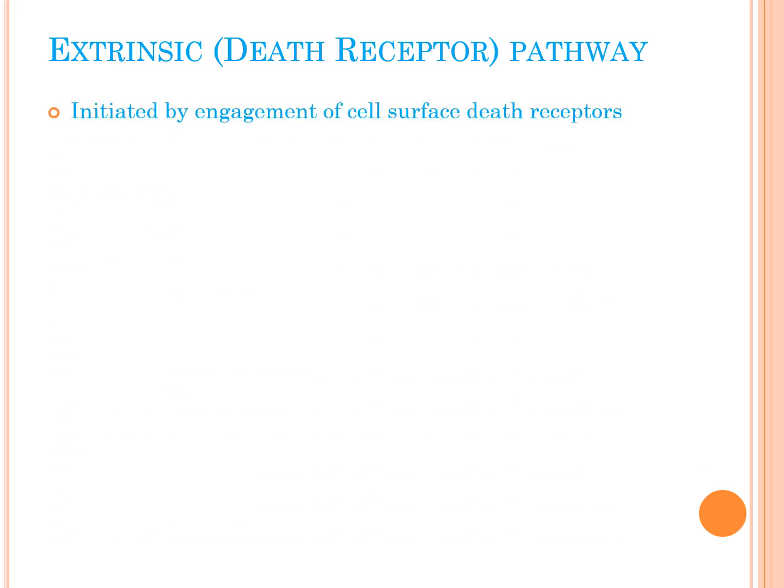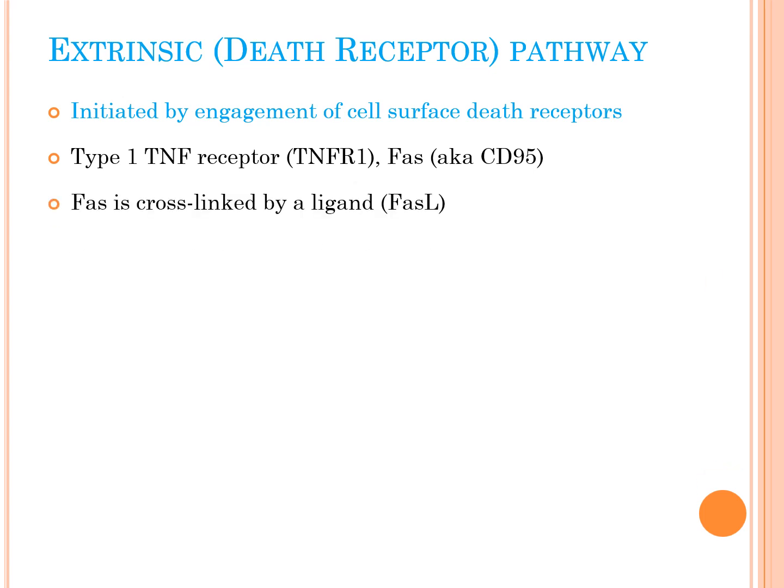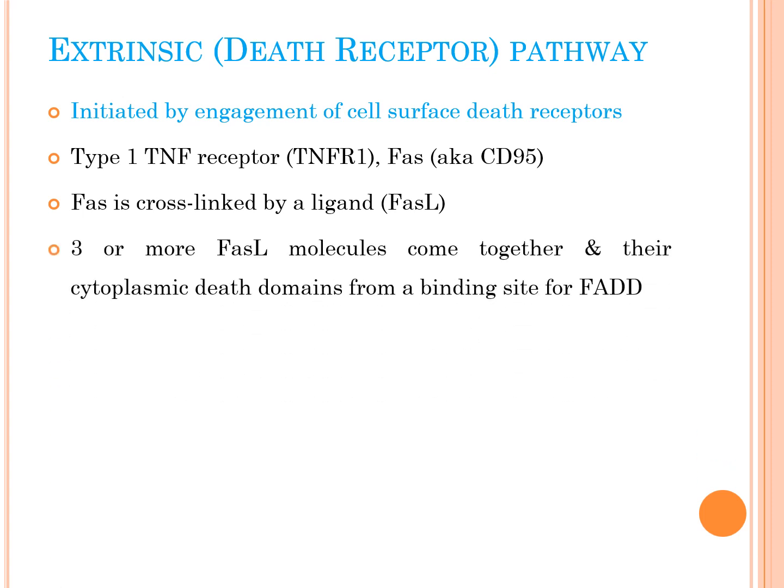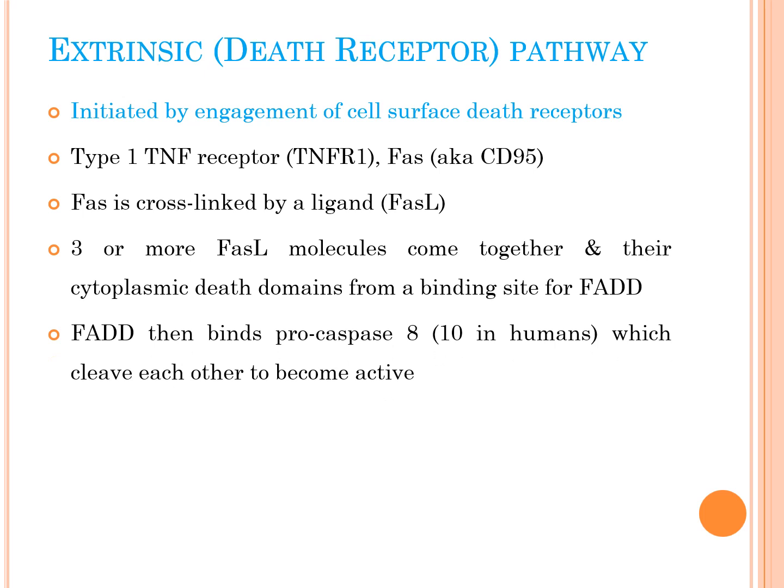Extrinsic or death receptor pathway is initiated by engagement of cell surface death receptors. The type 1 tumor necrosis factor receptor is present, and FAS is also called CD95, cluster of differentiation 95. So these are the death receptors, and this FAS is cross-linked by its ligand, that is FASL, and 3 or more FASL molecules come together and their cytoplasmic death domains form a binding site for FADD.